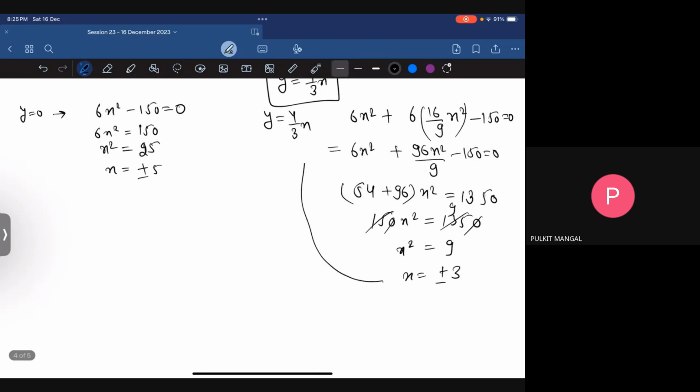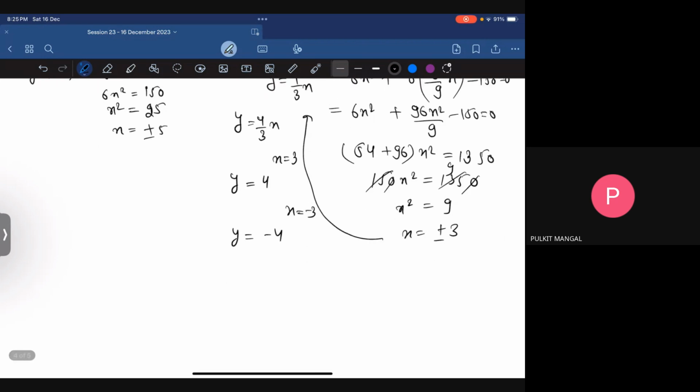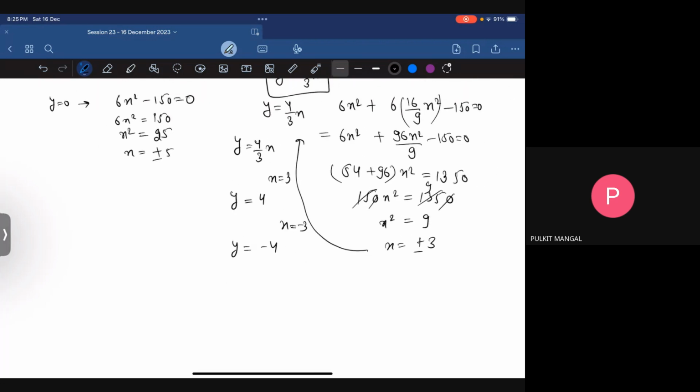Now on putting the x value here, y = 4/3 x. If x is equal to positive 3, we get y = 4. If x equals negative 3, we get y = −4. Now we need to make the pairs of the critical points.